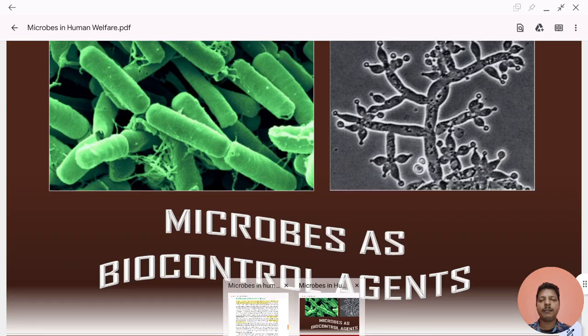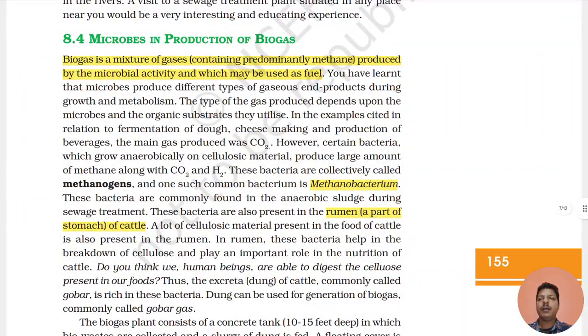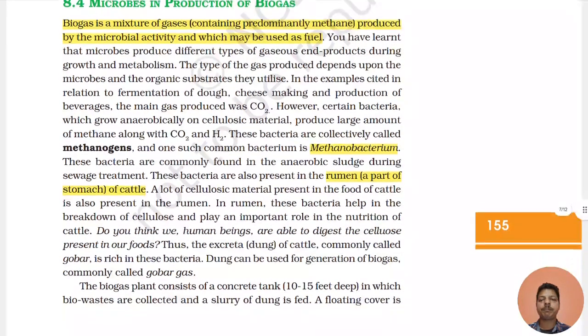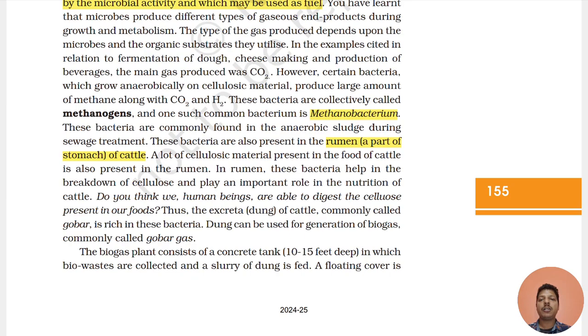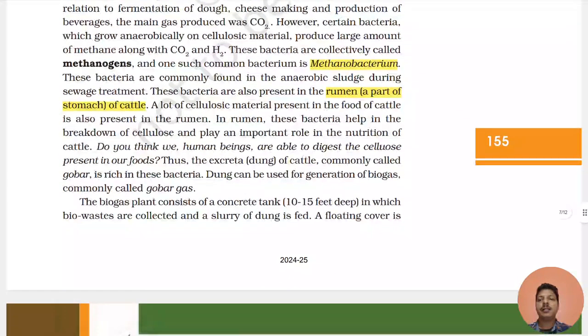Let's see the NCERT. Here again the same points. Biogas is a mixture of gases containing predominantly methane produced by microbial activity and which may be used as fuel. And here methanogens are mentioned, a common bacterium, Methanobacterium. This bacterium is also present in the rumen, a part of the stomach of cattle.